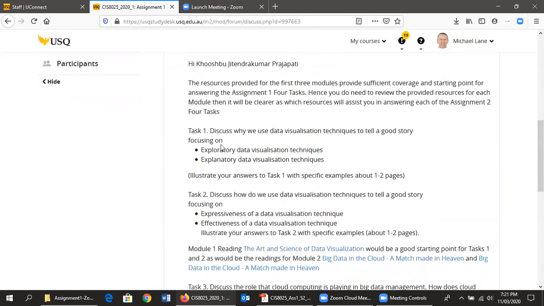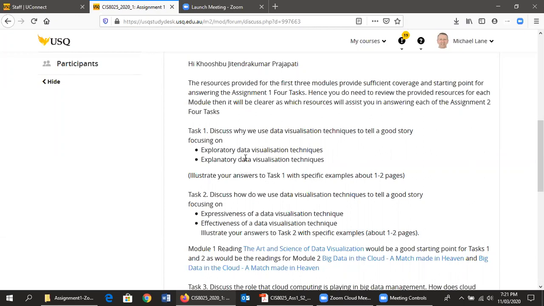I'll correct that. But if you look at, for instance, task 1, discuss why we use data visualization techniques to tell a good story, focusing on exploratory data visualization techniques and explanatory data visualization techniques. What I'm suggesting is illustrate your answers with some specific examples.